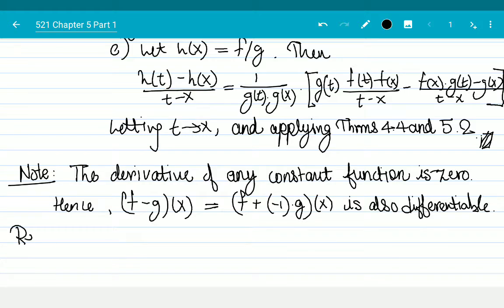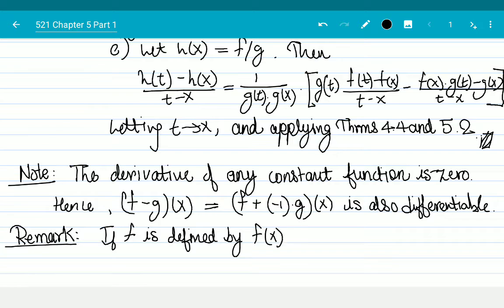Another remark. If f is defined by f of x is equal to x, then f prime of x is equal to 1.